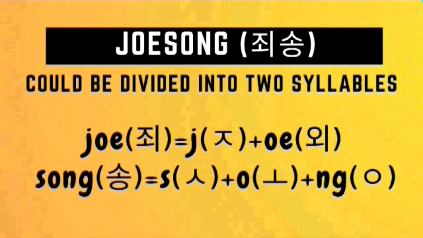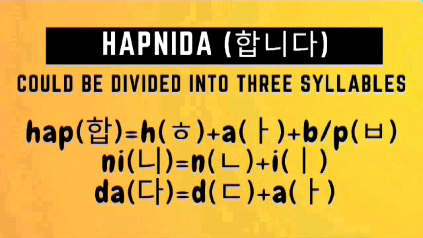How do we write 죄송합니다 in Hangul? The first syllable jue is formed from the combination of a jiut and a we sound. And take note that the we sound is formed from the combination of an o and e character. The second syllable song is formed from the combination of a siot, an o, and an iyang character. The third syllable ham is formed from the combination of a hiyo, a, and biup character.